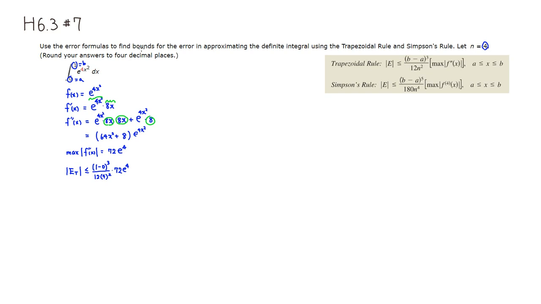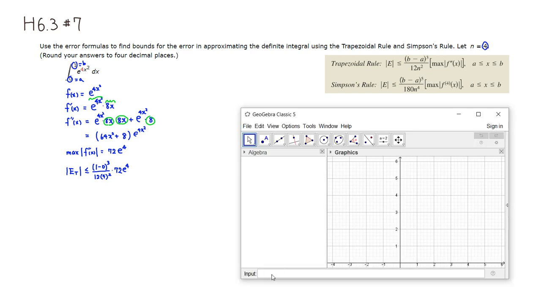I'm going to bring out GeoGebra. What we need to compute: this is just 1, so I don't have to worry about that. We have 72 times e to the 4th power, divided by 12 times 4 squared.